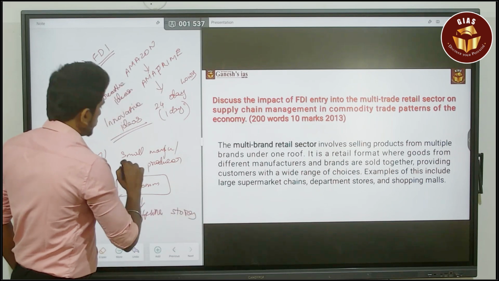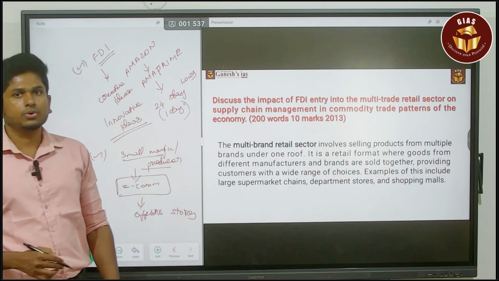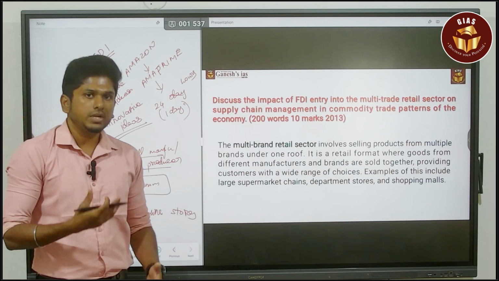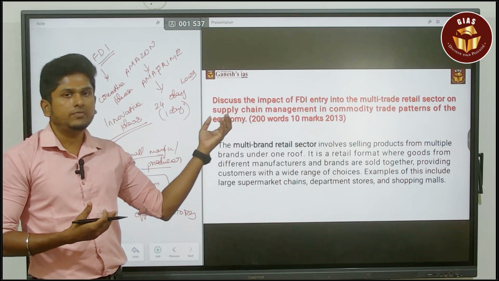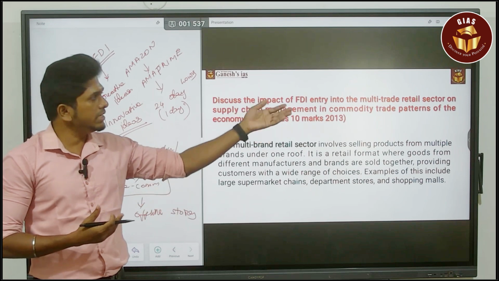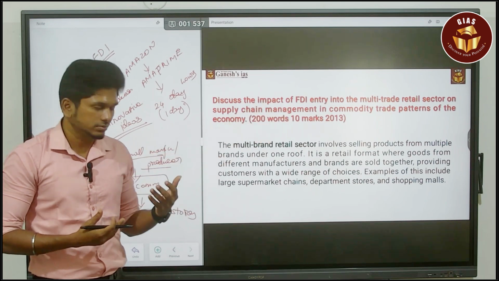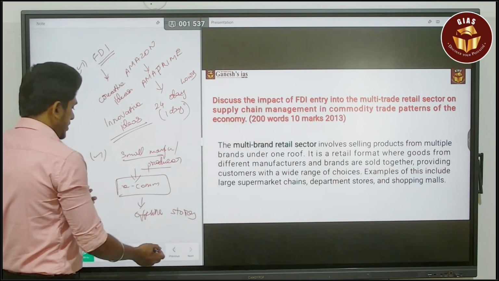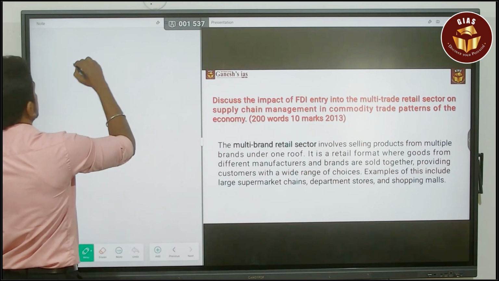So that is also going to help the small manufacturer or the producer. So these are the major benefits due to this FDI entry into the multi-brand retail sectors. But still, it has major negatives also.